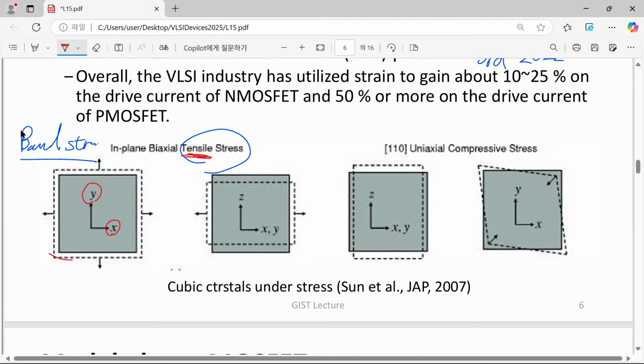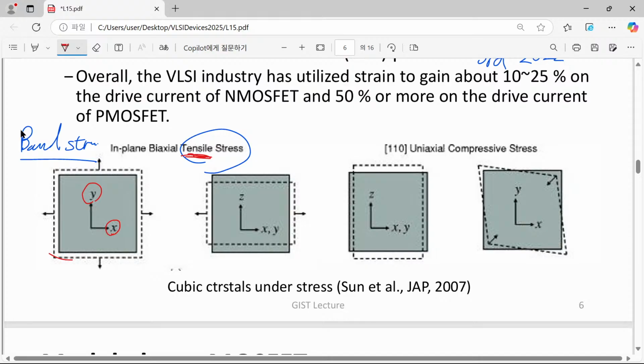occupies a wider volume than a relaxed one, of course, actually volume expansion itself is not that important. The important one is directional expansion.